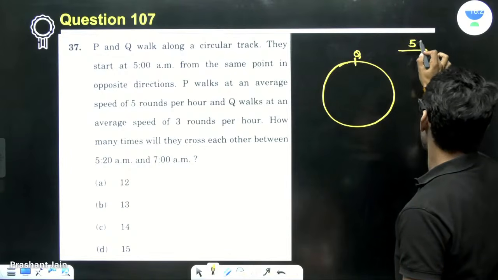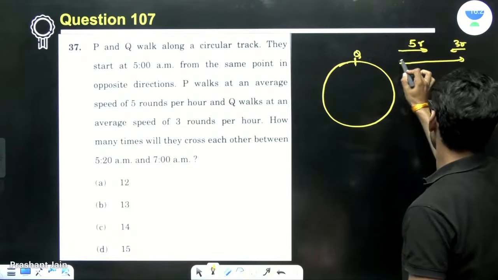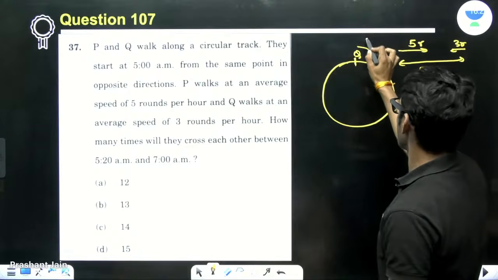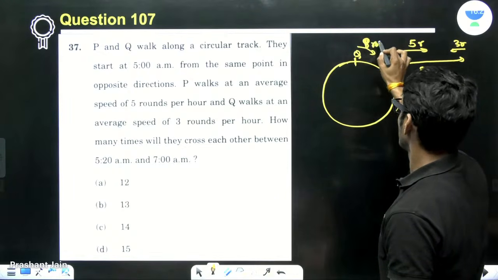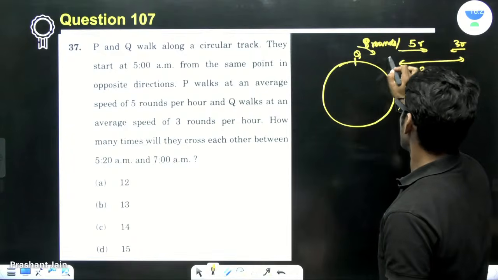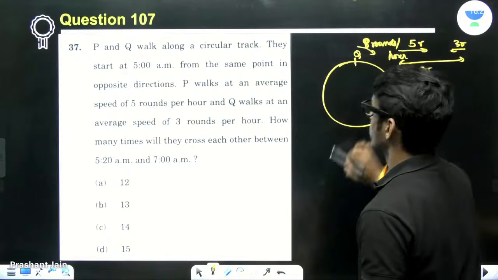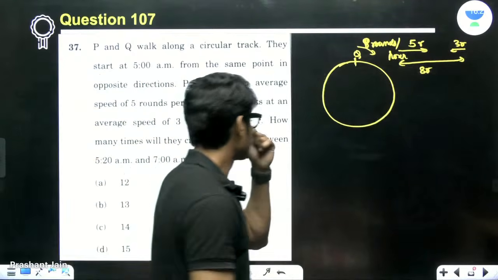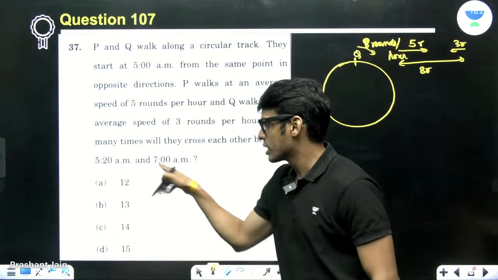This guy is having 5 rounds, this guy is having 3 rounds. So effectively 8 rounds per hour is their relative speed. Now P is moving with 8 rounds per hour. This is the speed.